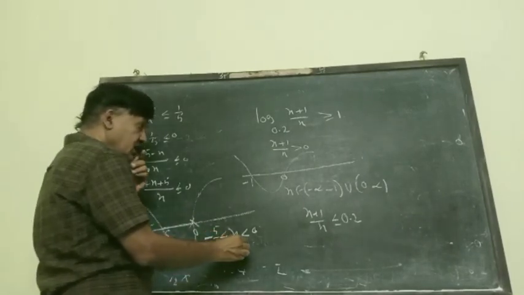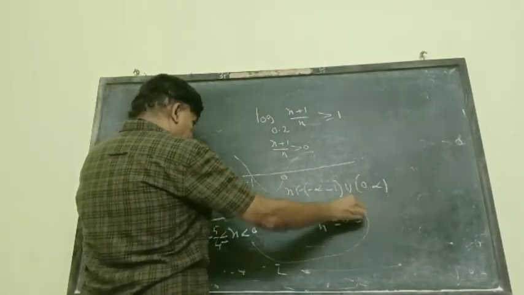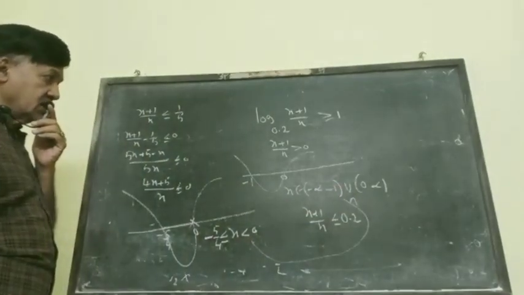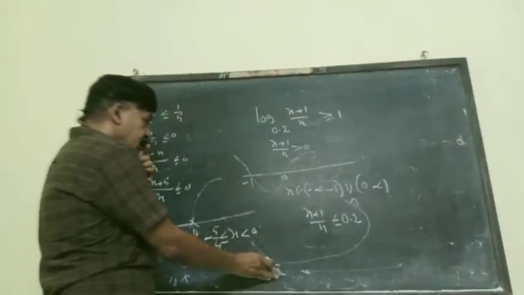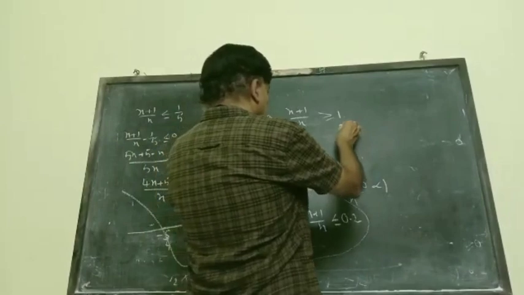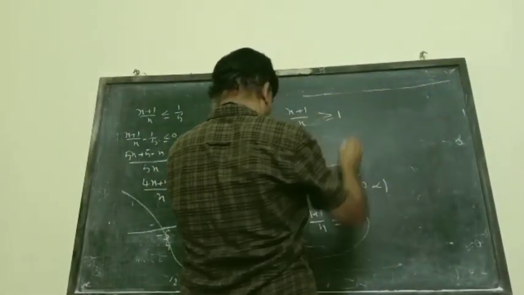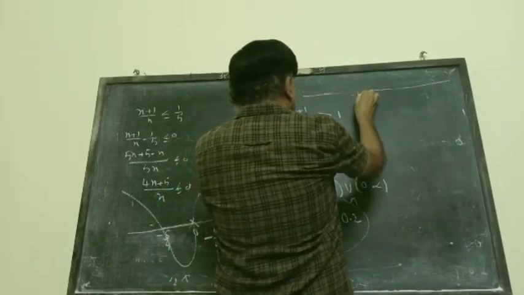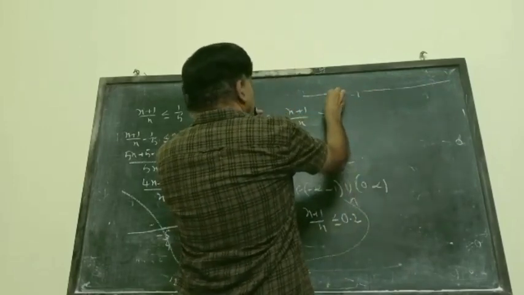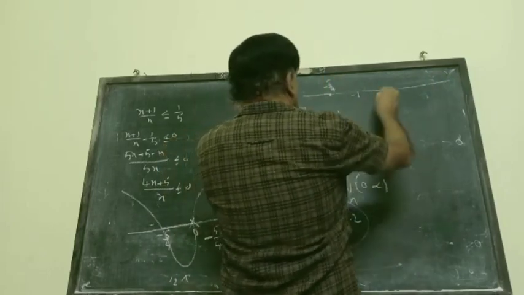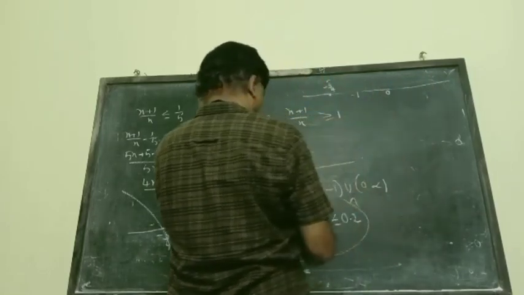Now you should consider the intersection of these two. Right? See, when you consider intersection of these two, what is the intersection? This is where your line. Somewhere here minus 1. Minus 5 by 4 will be here. 0 will be here. Right?